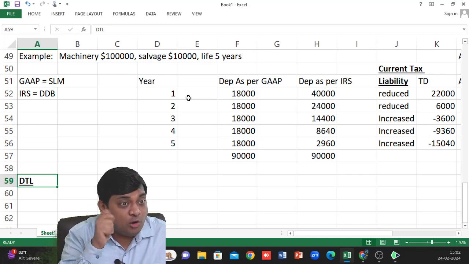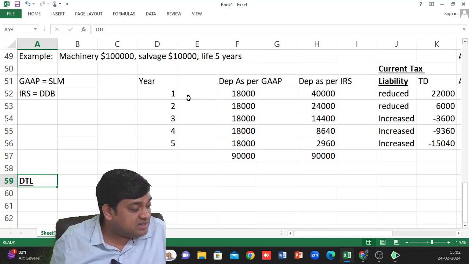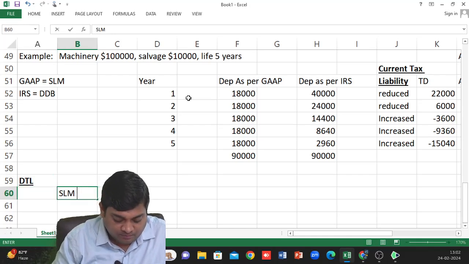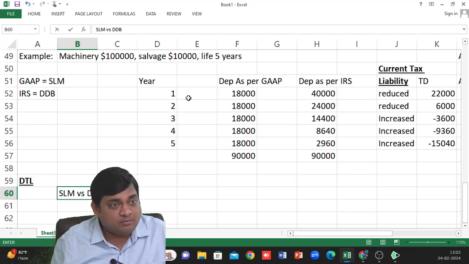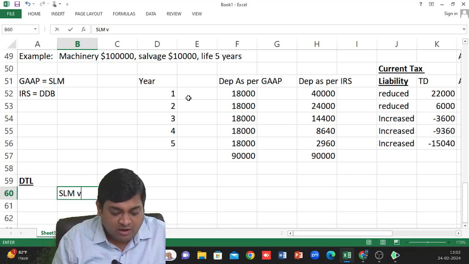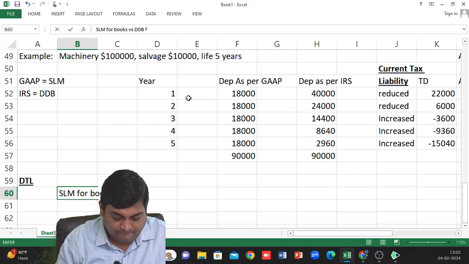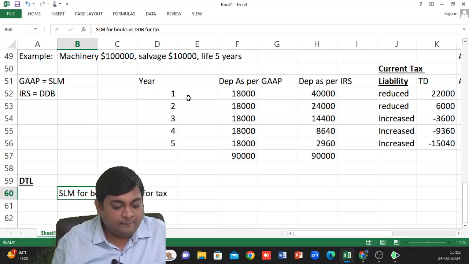Paid less today, tomorrow I will pay more due to these differences. Like just I showed you, SLM versus DDB. SLM is for books, DDB is for tax. Got my point?